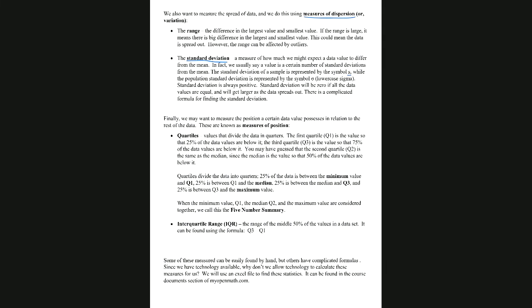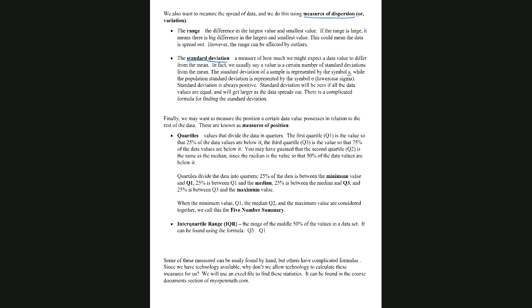The standard deviation is always positive. You can think about it as a certain number of standard deviations above the mean and below the mean. But the standard deviation is always positive. The standard deviation will be 0 if all the data values are equal.